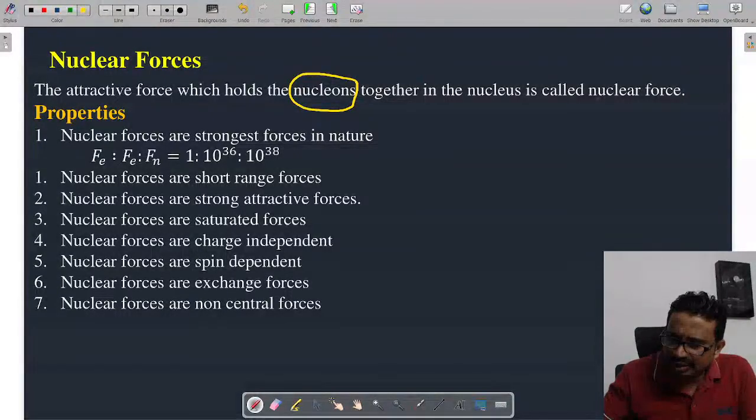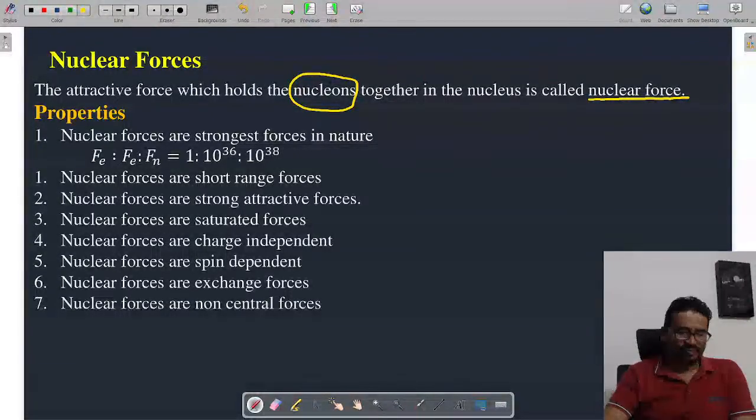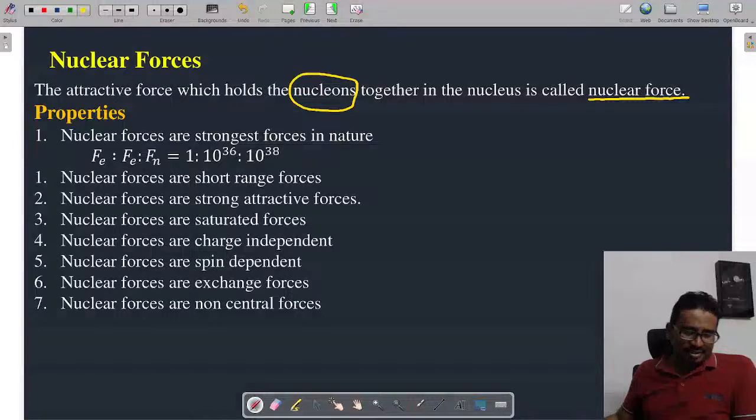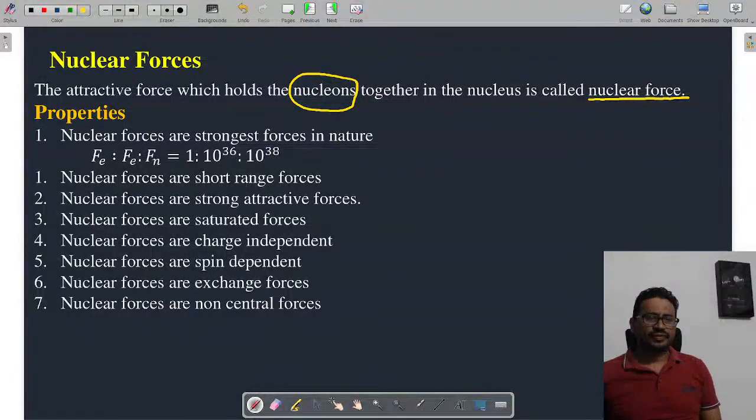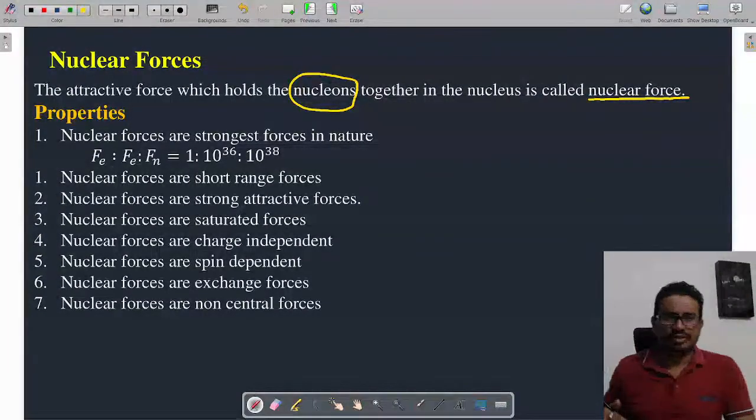The attractive force which holds the nucleons together is called nuclear force. The force between neutrons and protons, between protons and protons, is called nuclear force. Nuclear forces are very, very strong forces compared to all the other forces.